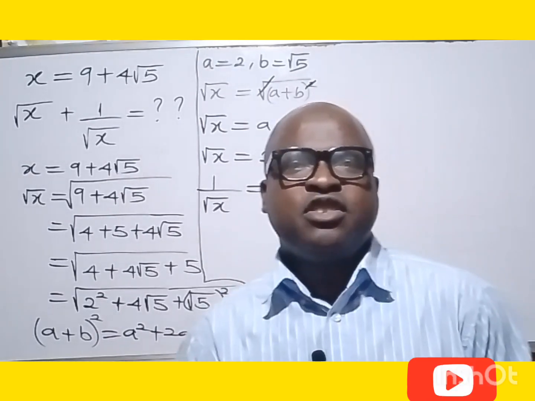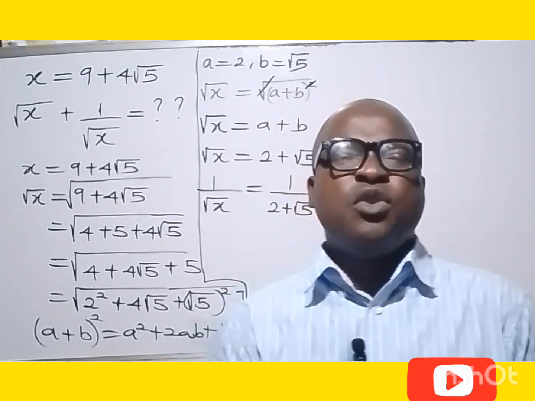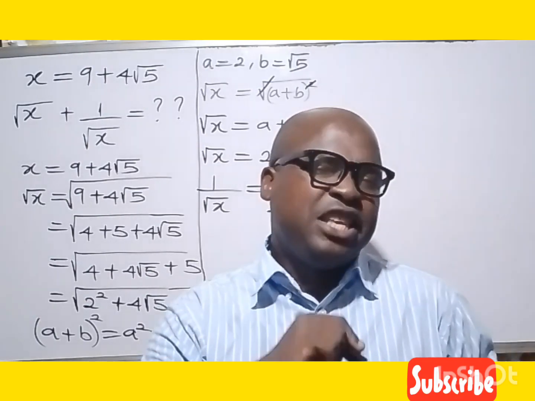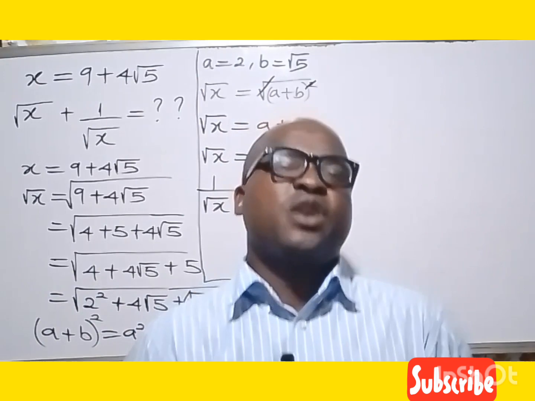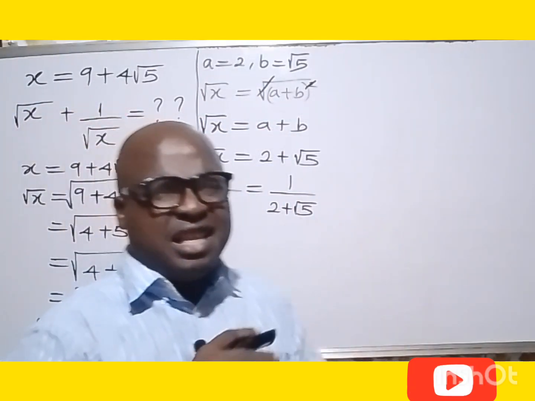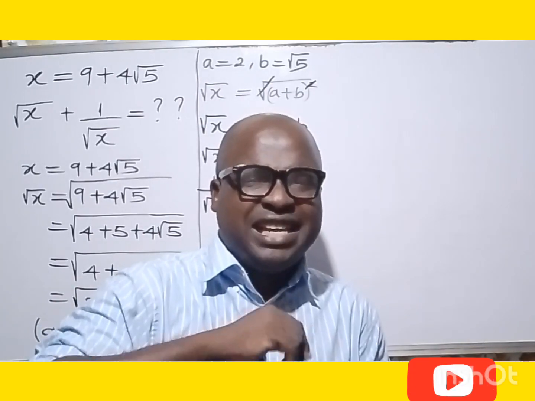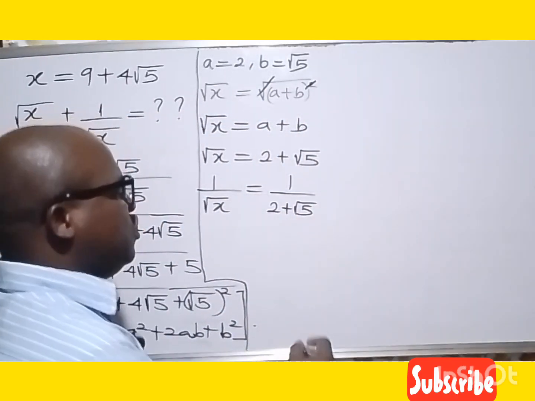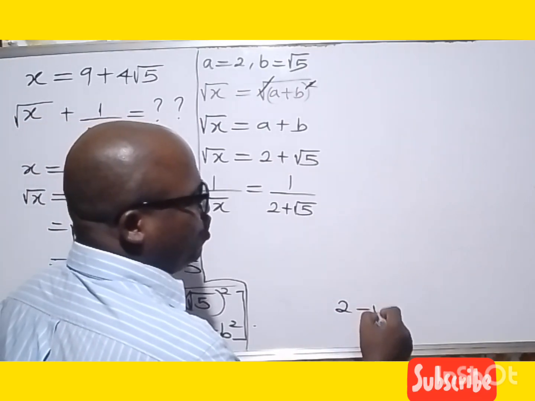After getting the conjugate of the denominator, we can then multiply both numerator and denominator by the conjugate of that denominator. And what is the conjugate of this particular denominator? The conjugate only means that you change the sign at the center. That means this plus will turn to minus. So the conjugate will be 2 minus root 5.